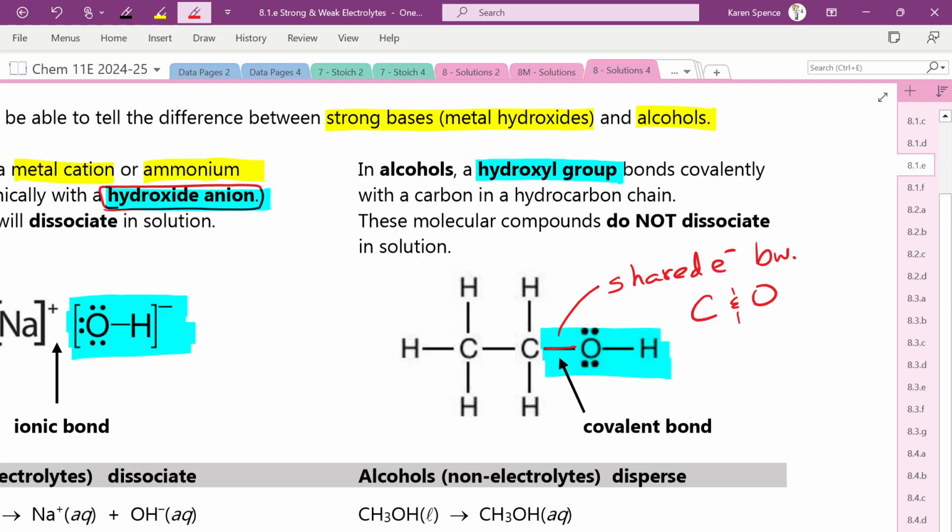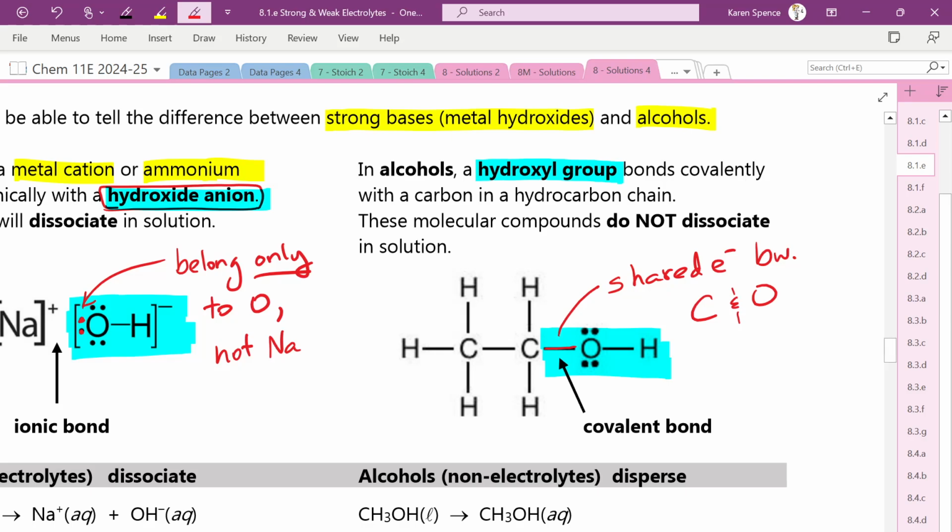But those same electrons on the left-hand side of the oxygen, if we look over at sodium hydroxide, these belong only to the oxygen, not to the sodium. And because we have those ions, they can be split apart by water getting in between.